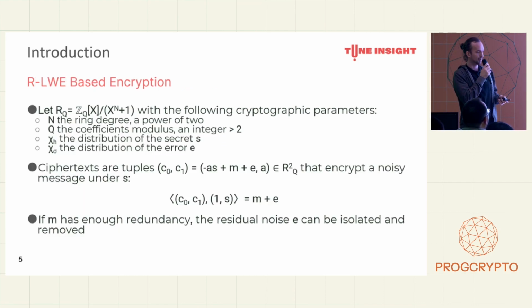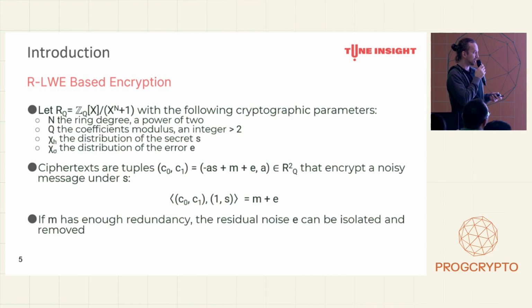And how do you parameterize this scheme? You have the degree of the polynomials, which ranges in the thousands, the modulus, which ranges from 27 bits to a few thousand bits, the distribution of the secrets, which, as we have seen, is usually a ternary distribution with values between -1, 0, and 1, and the error, which is also usually a discrete Gaussian.